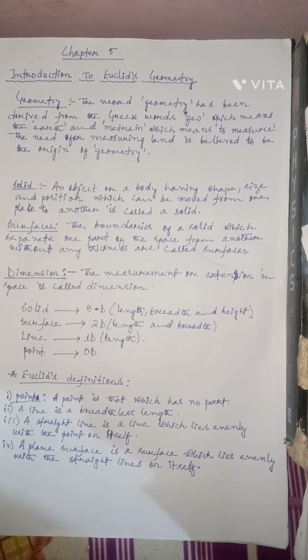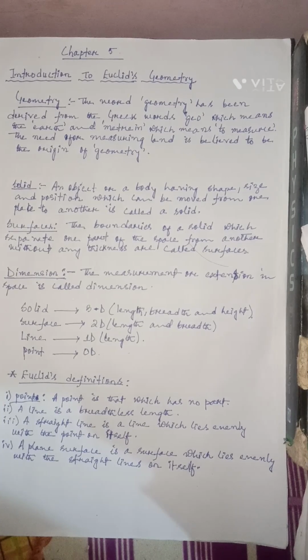So we can extend it according to that, right? If they have 3D, we can extend it to 3 axes, or we can extend it to 2 axes. Such kind of extensions of an object in space, we call dimensions. Or simply we can term it as the measurement or extension in space is called dimensions. That's it, all right?